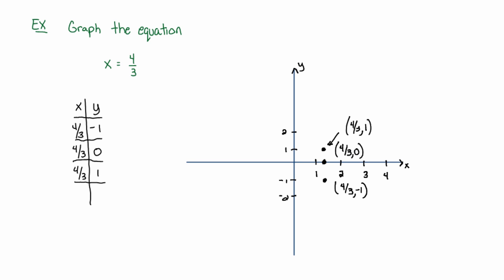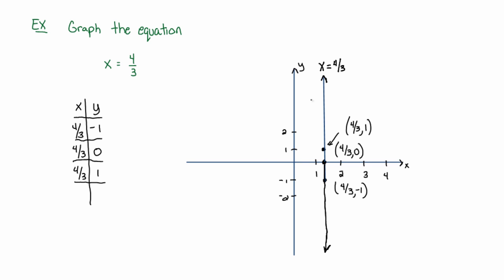Well, you can see the pattern. You can already see what's going to happen here: I'm going to get a line going through these 3 points, and that line will be a vertical line. Let's see if I can make it a little bit better here and draw that down. Okay, there we are. We have a vertical line. Generally, I like to also see it labeled up above, so this is x equals 4/3. That's the equation of that line.